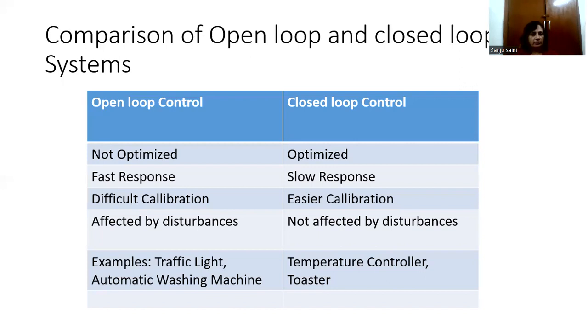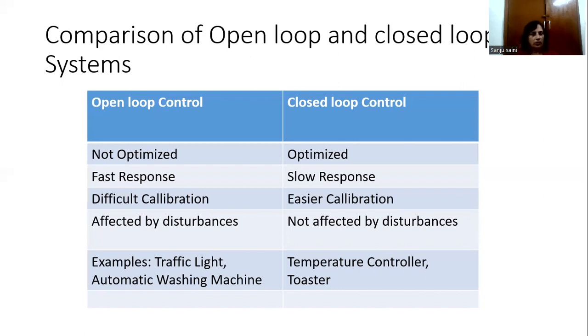These automatic washing machines just have a cycle. For a few minutes they will wash, then they will rinse, and then they will dry. So the overall program is fixed. It is not looking at the quality of the clothes produced out of washing. It is not taking any feedback from the output side. So it is an open loop control.